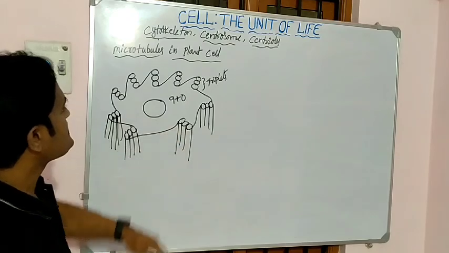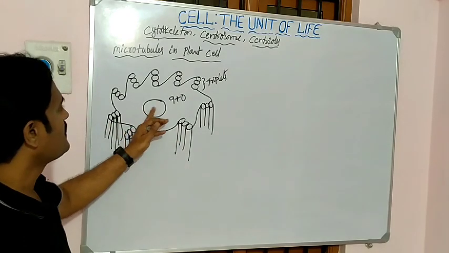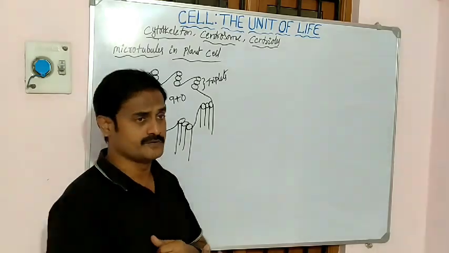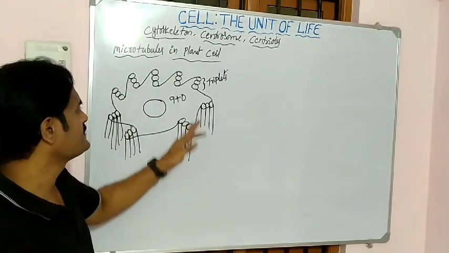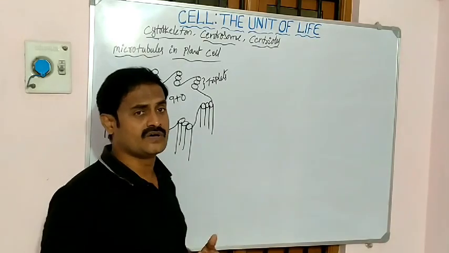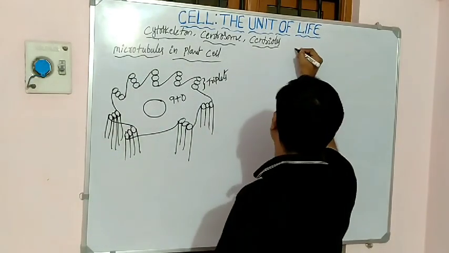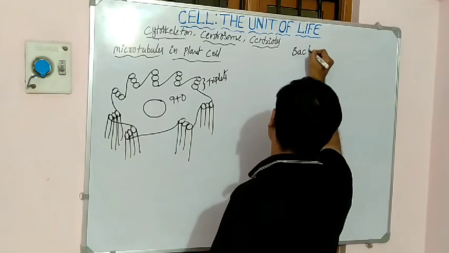So this arrangement present in the plant cell is called microtubules, and the type of arrangement is the 9 plus 0 arrangement. Remember.